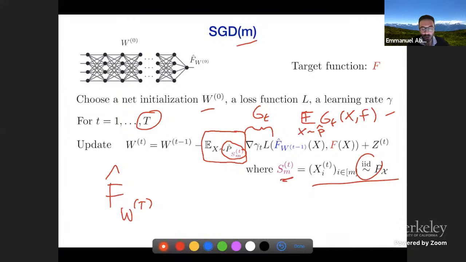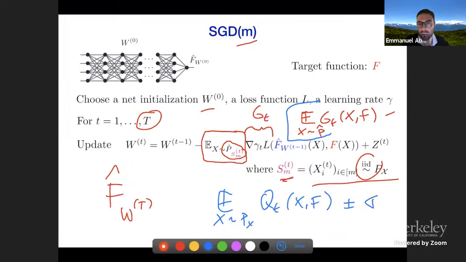Now, if you do statistical queries, what you would have instead here is an expectation over the entire population distribution. So it would be expectation of x over Dx of some Qt function. And you have plus minus some precision sigma that is due to the fact that you don't want to work in a setting where the queries can have arbitrary magnitude and the noise can be arbitrarily small. So what I call the SNR is precisely the ratio between the magnitude that your queries can take, so there will be plus minus C, so C is the range of Qt, divided by sigma. This is going to be the SNR of your queries.